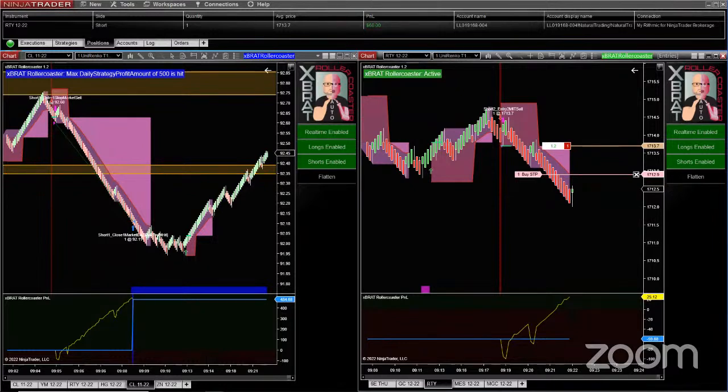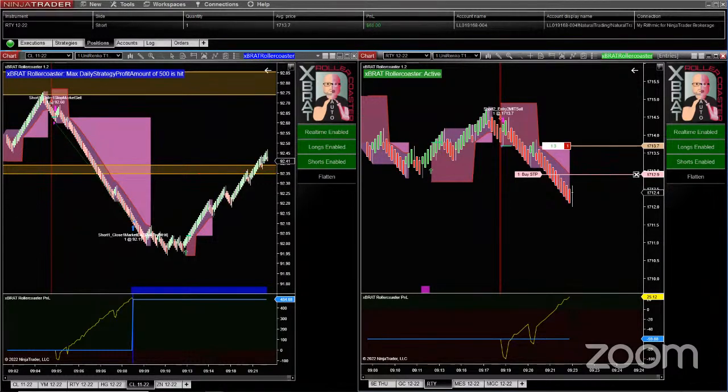But I've got another screen with another server running the M2K version of this. It didn't take this particular short. For some reason, the order didn't go through. Let me just check. I think it just moved a little faster. The price action, even though it's on the same Unirenko, because it's a micro, the volume's different.